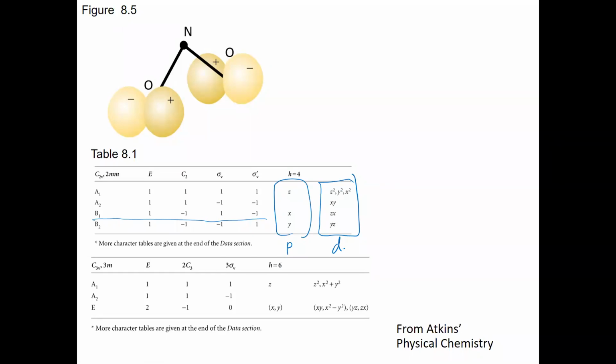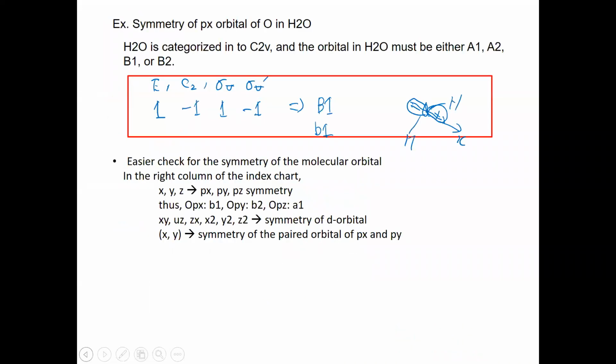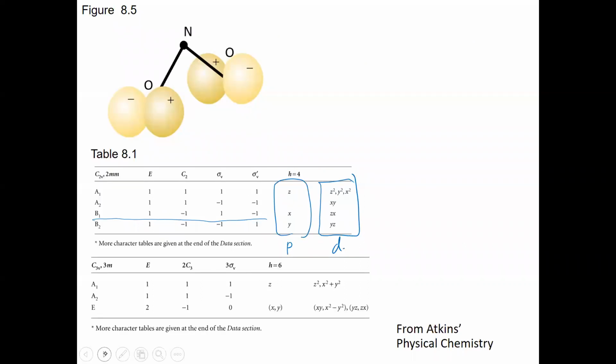The p orbitals included in molecules categorized into the C2V group are already categorized. So in the case of water, as I mentioned, the px orbital in H2O is here.